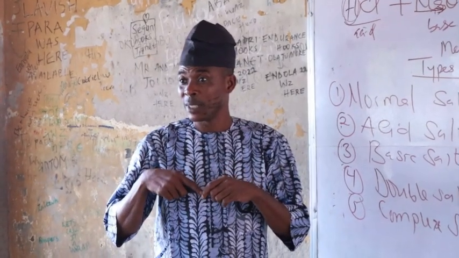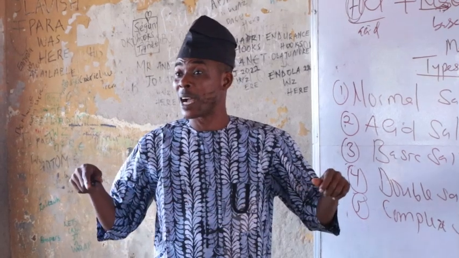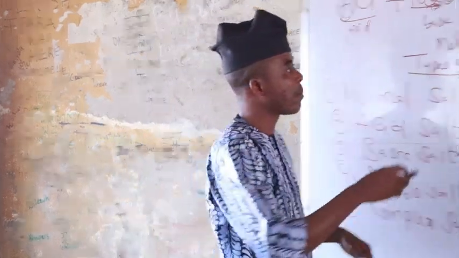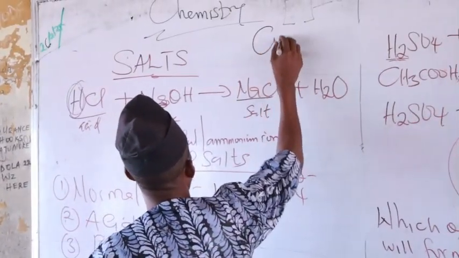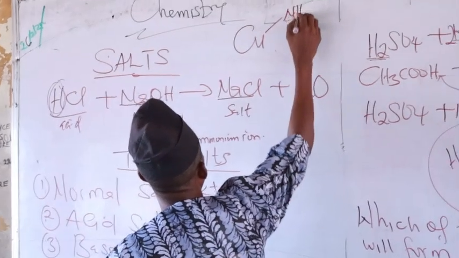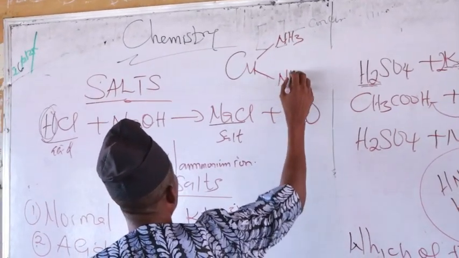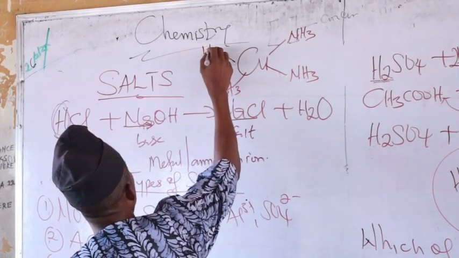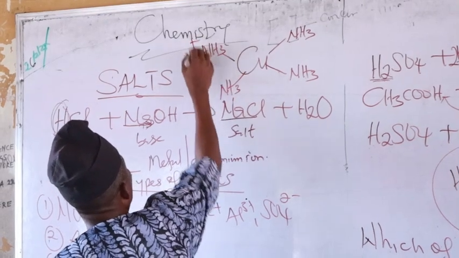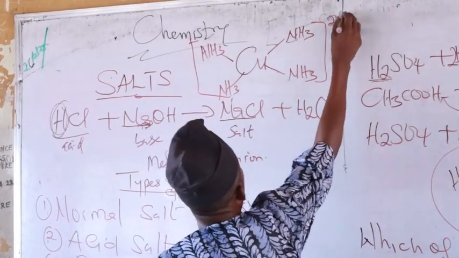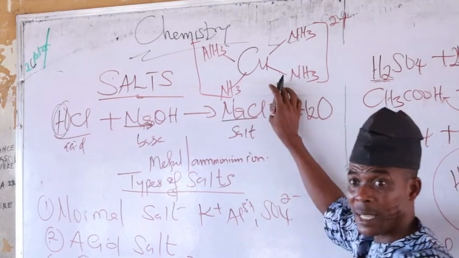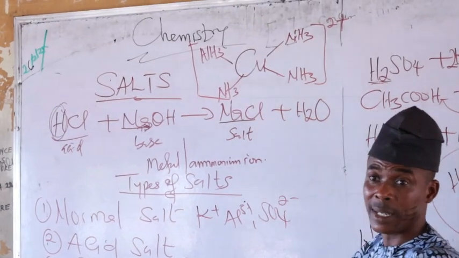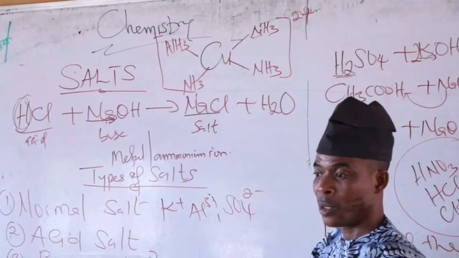Now a complex salt has a central atom that is connected with several atoms which are referred to as ligands. For example, we have copper bonded with ammonia. You can see the central atom there. This is copper tetraammine. This is the central atom, and the atoms attached to it are referred to as ligands.